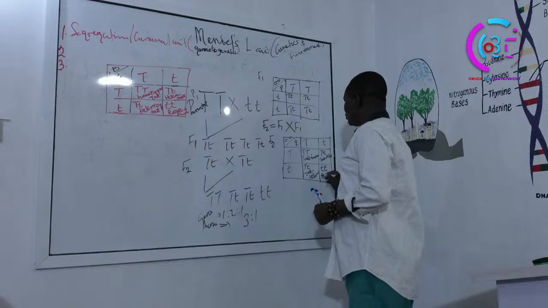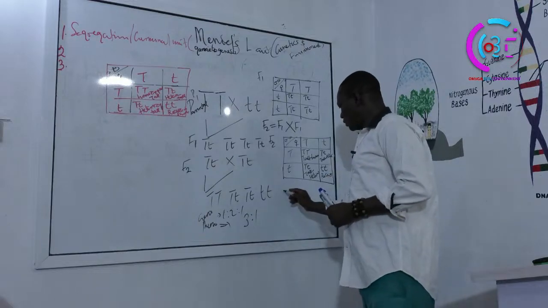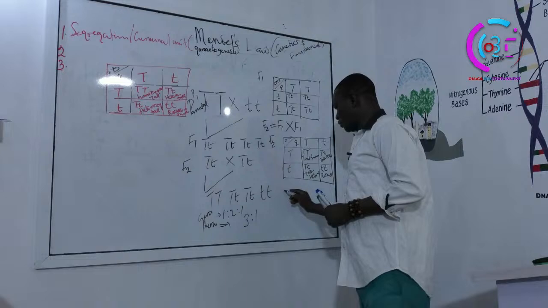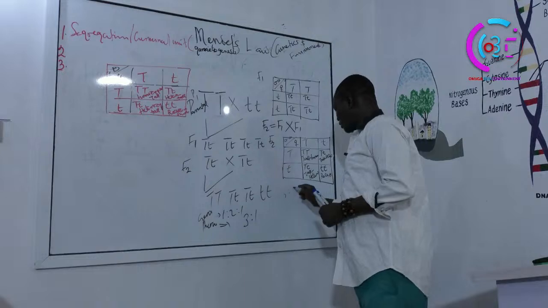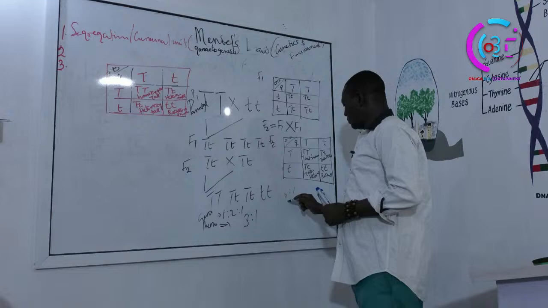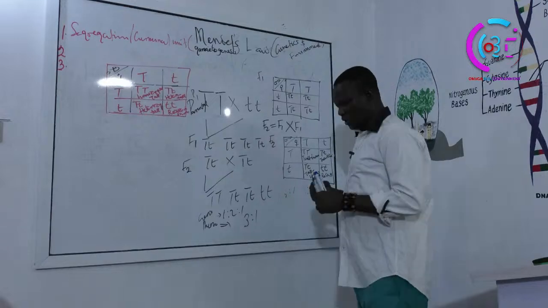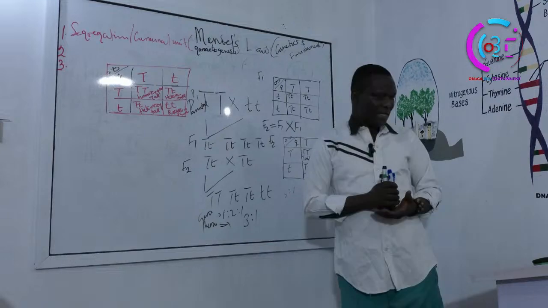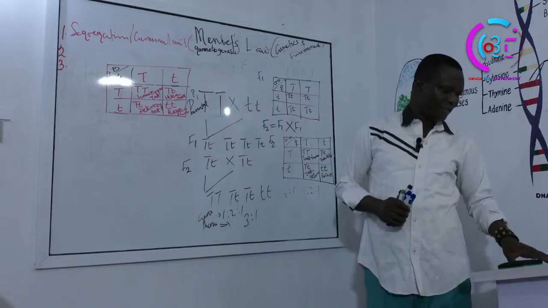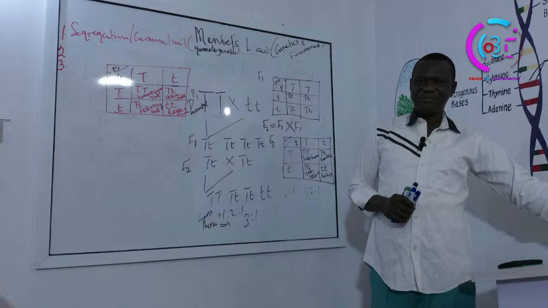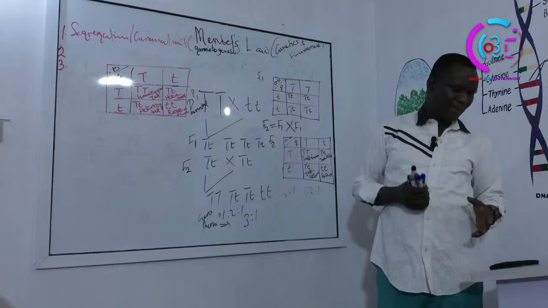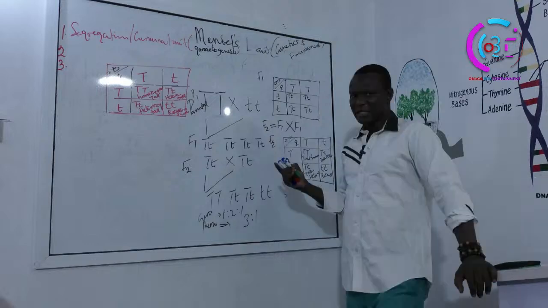So that is where we get the phenotypic ratio to be 3:1, whereas the genotypic ratio is going to be 1:2:1.